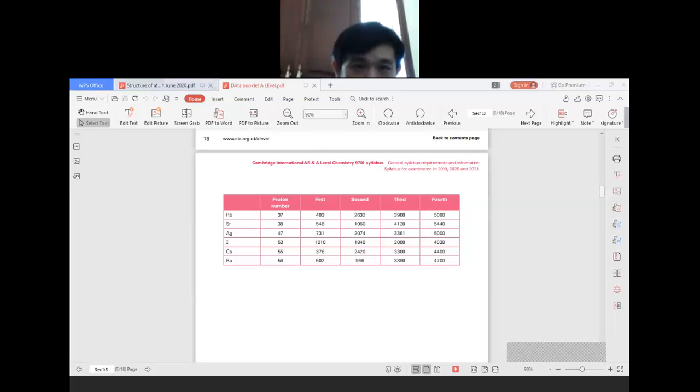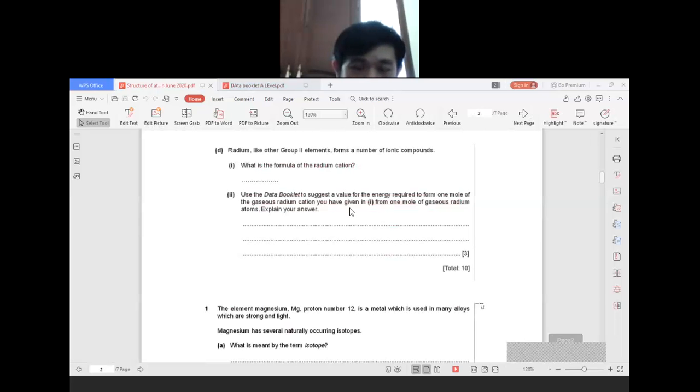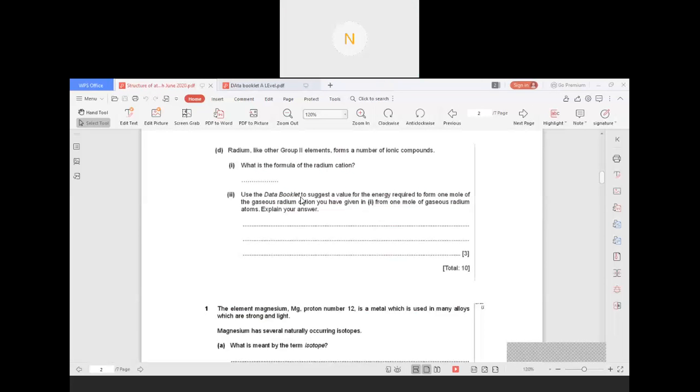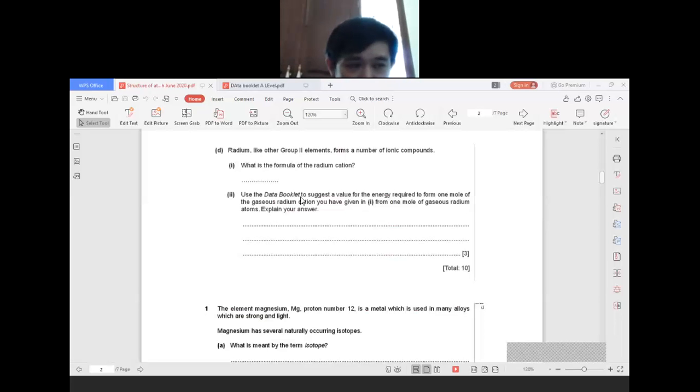And then in the question here, the answer that Sharon gave for D1 was Ra2+. Am I right, Natasha? Yes. So if there is Ra2+, did the radium undergo first ionization energy or second ionization energy?